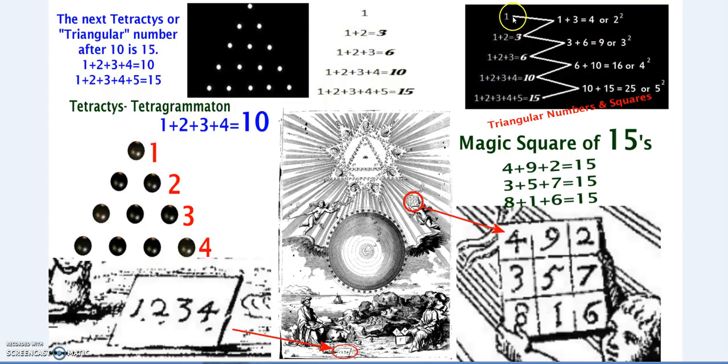For instance, if you add the first plus the second triangular number, you get 2 squared. If you add the second plus the third, you get 3 squared. If you add the third plus the fourth, you get 4 squared. If you add the fourth plus the fifth, you get 5 squared.